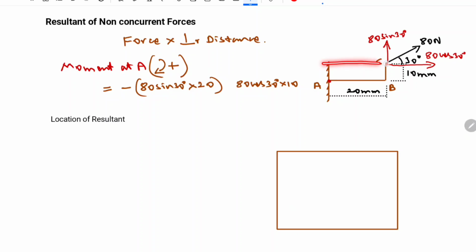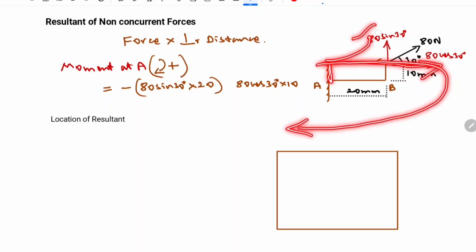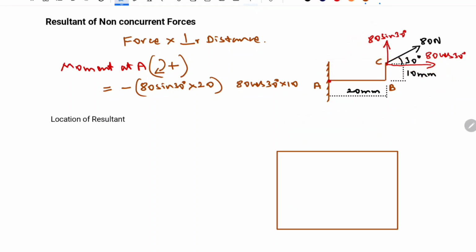If I fix this force at the center A, it will make the system rotate in the clockwise direction. It will only go like this, so it is clockwise, and we have considered clockwise as positive. This is the moment because of these two forces. Now we can solve this and find the moment of these two forces at point A. This is how we find the moment.